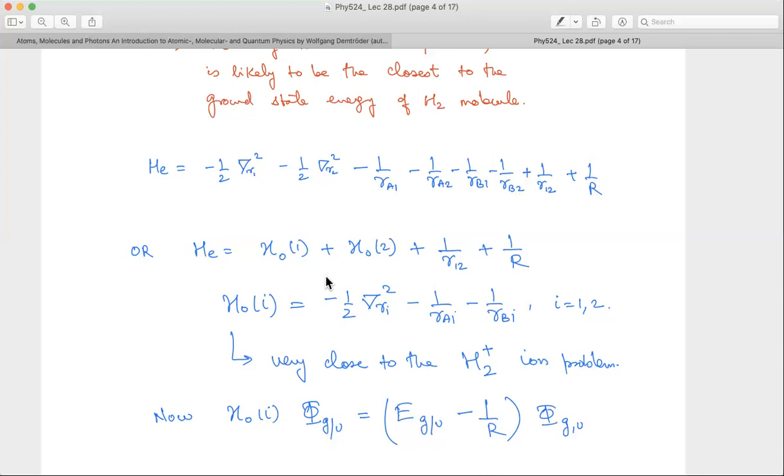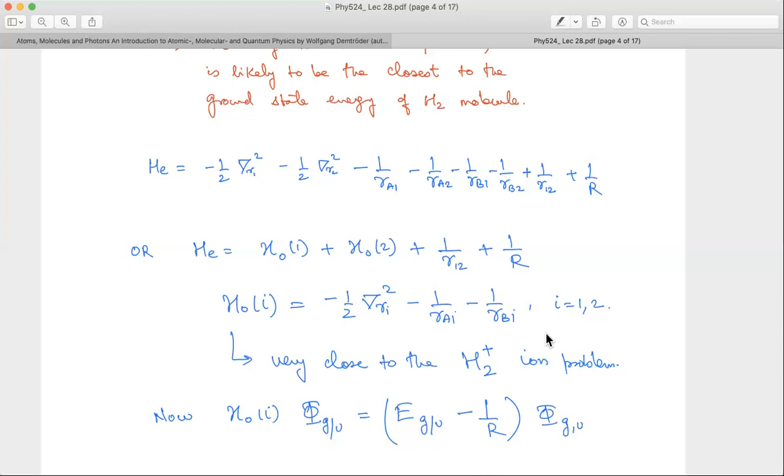And this I can effectively write as H01 plus H02 plus 1 by R12 plus 1 by R, where H01 or 2 is defined as their kinetic energy plus their potential energy, combining both of these nuclei. And H01 or 2 look a bit like the H2 plus ion problem, barring the factor of 1 by R, right? So remember that the H2 plus ion problem had this del squared R1 minus 1 by Ra1 minus 1 by Rb1 plus 1 by R problem when written in atomic units.